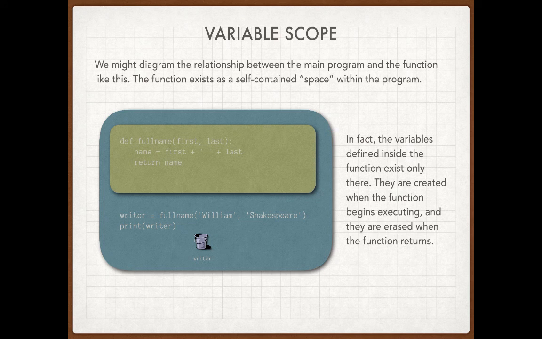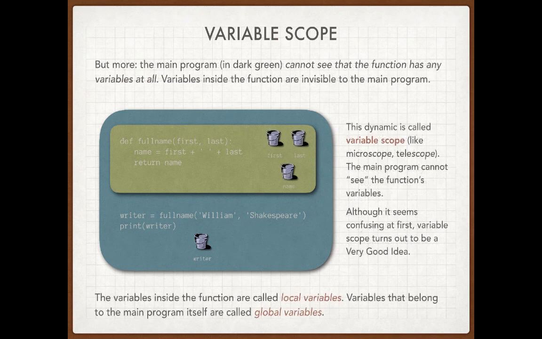Now, as it turns out, this is a really good idea. So anytime we're inside that function, these variables first and last and name are created and they exist. Now, in fact, if we called that function 100 times, those three variables would be created and deleted 100 times.